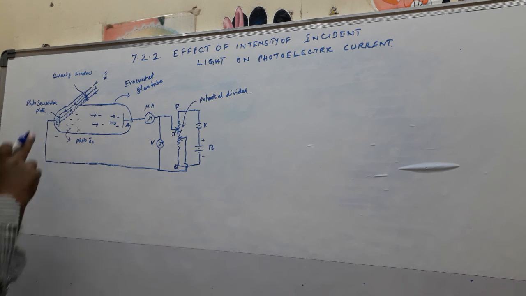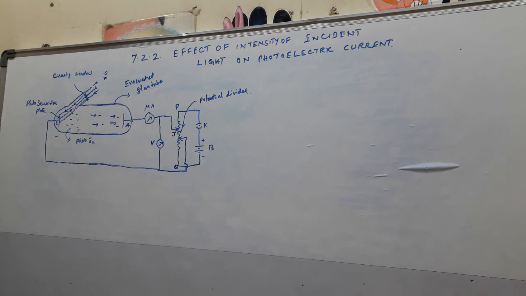here C is considered to be a cathode made up of a photosensitive plate, and it is negatively charged, so it is a negative terminal. That means whenever light rays fall on the surface of the cathode, it will emit electrons, and these electrons are called photoelectrons.